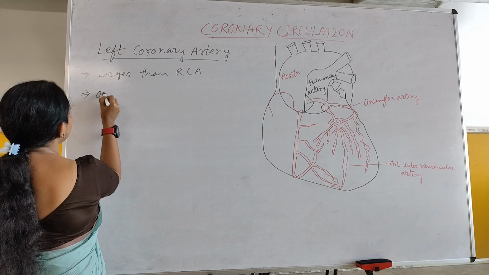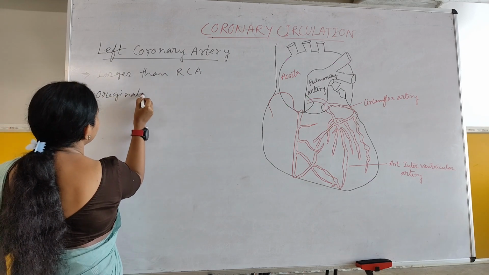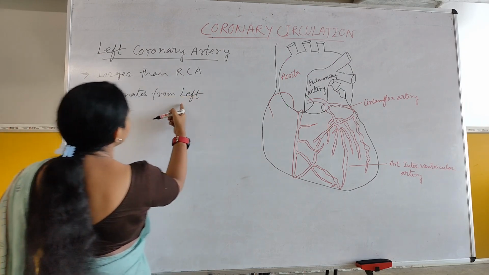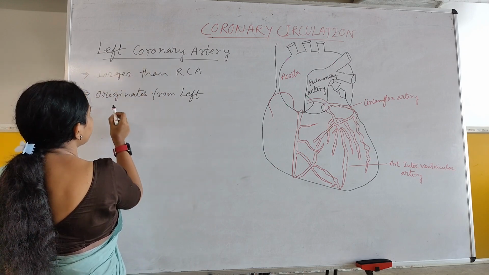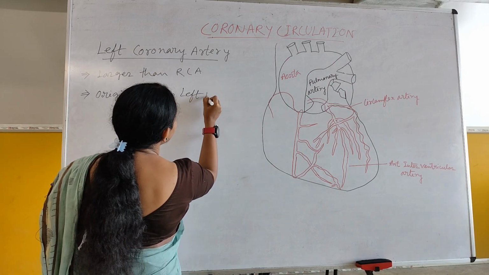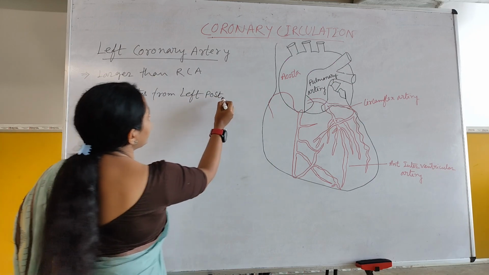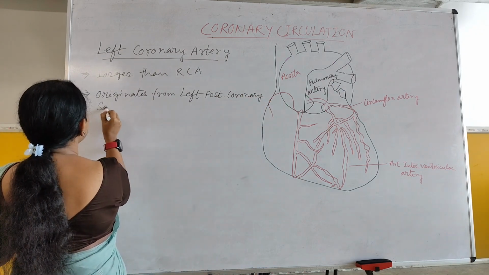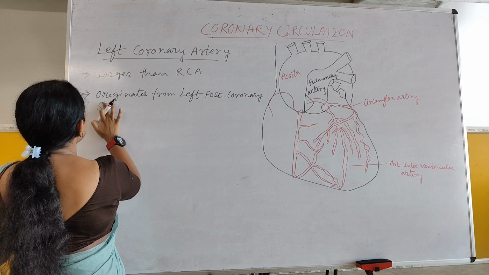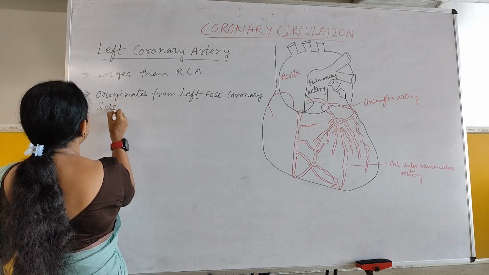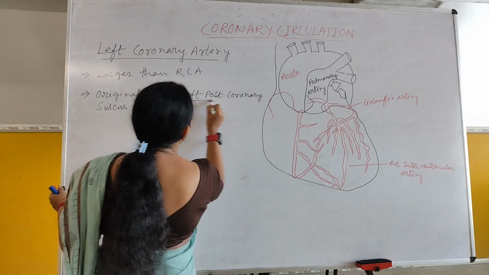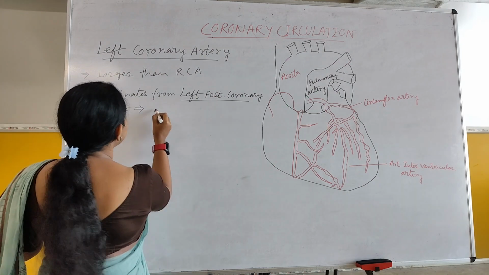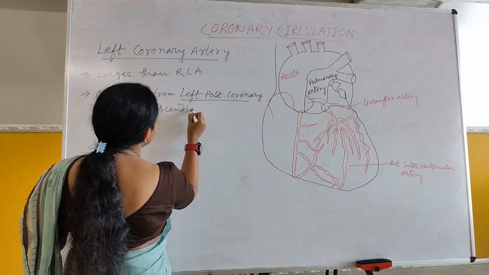It originates from the left posterior coronary sulcus, because we are studying the left coronary artery here. The left posterior coronary sulcus is present on the ascending aorta.